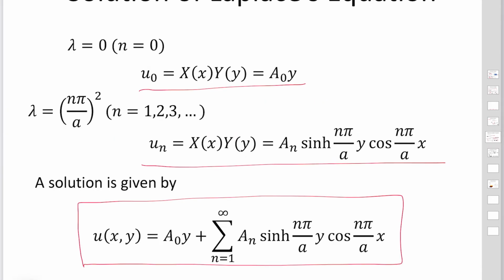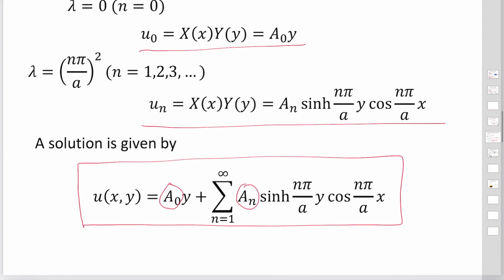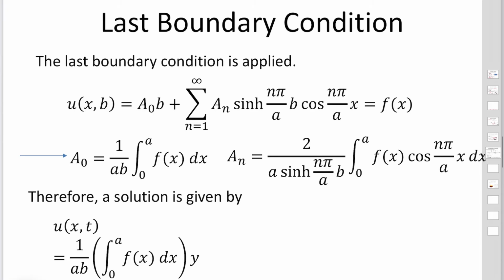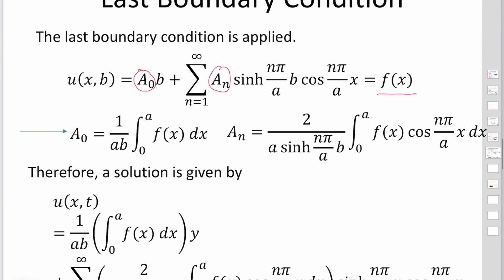Then we need to determine a sub 0 and a sub n. We apply the last boundary condition. You can substitute y equals b. The boundary condition is given by f(x), and a sub 0 and a sub n we need to determine. By integrating both sides of the equation from 0 to a, you can find a sub 0.